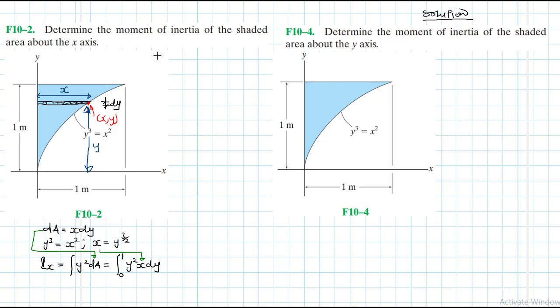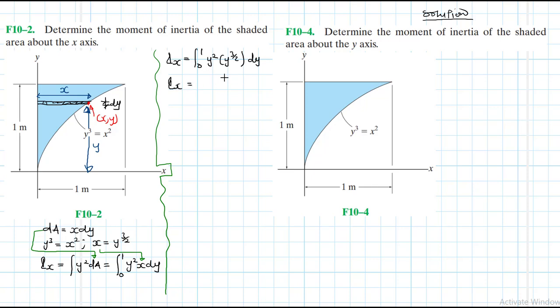And if we do so, then we are going to have the following expression: moment of inertia about the x-axis, integral from 0 to 1, y squared, and our x is just y to the power 3/2, dy.